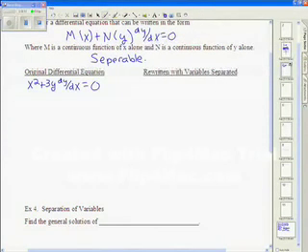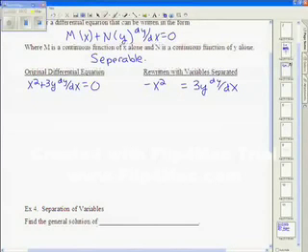What's the first thing you think I should do? How about you, Adam? Sure. Okay, let's say I have negative x squared on one side. We're going to set that equal to 3y dy/dx on this side.